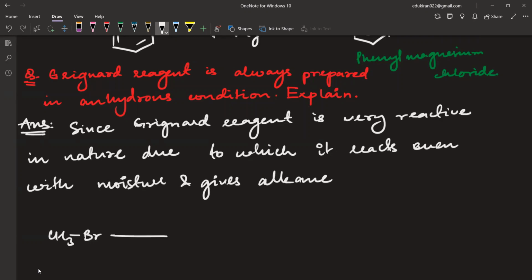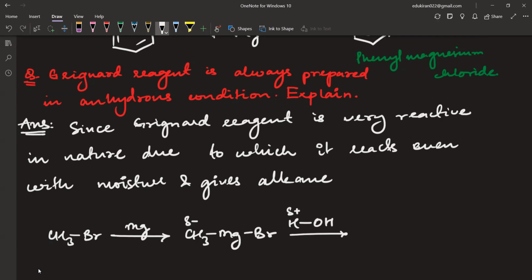Suppose you were trying to make Grignard reagent. You'll start with, let us say, CH3Br and then treat this with magnesium. What did you form? You form CH3MgBr, methyl magnesium bromide. Now this has a high delta negative charge. Suppose you have some water content, H2O, H-OH. This H will have a very high delta positive charge because it is attached to the highly electronegative oxygen atom.